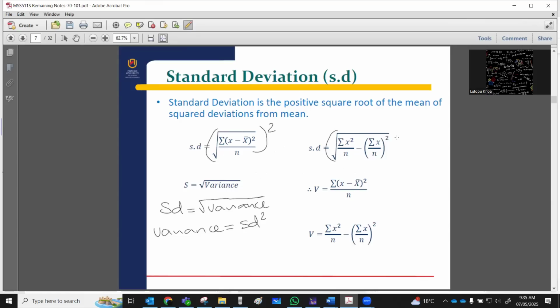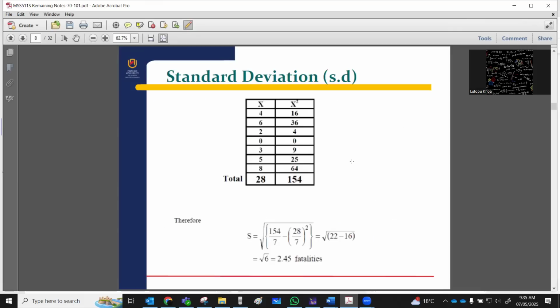And this one, if I were to square it, I would end up with this one over there. So standard deviation is the square root of the variance, and the variance is the square of the standard deviation. So I can use either of the two formulas. You should still get the same answer.